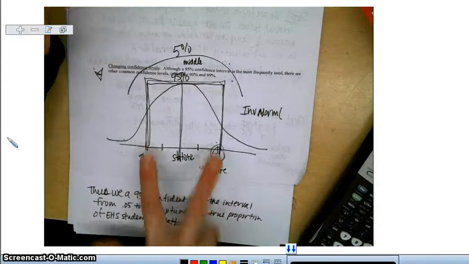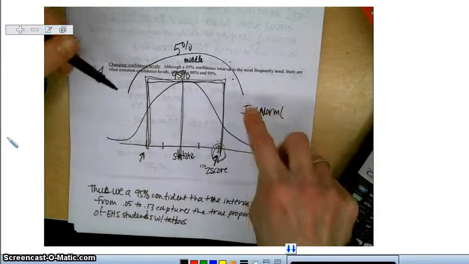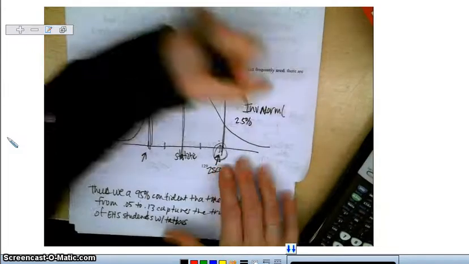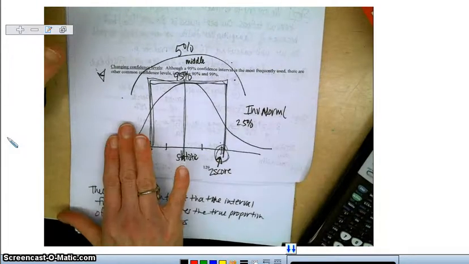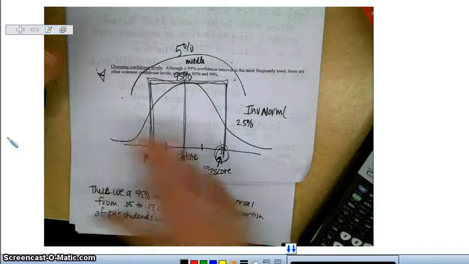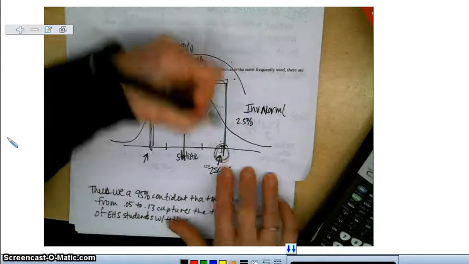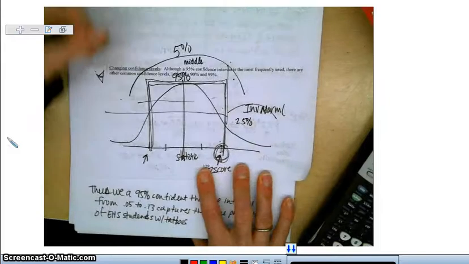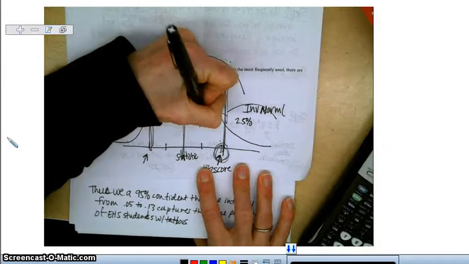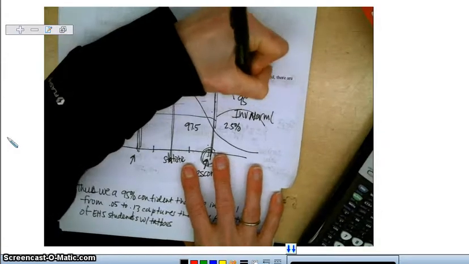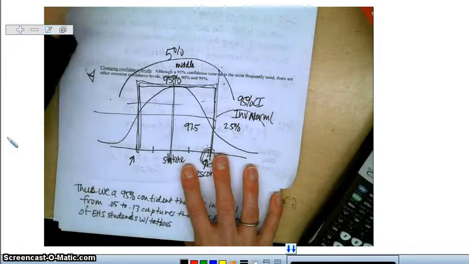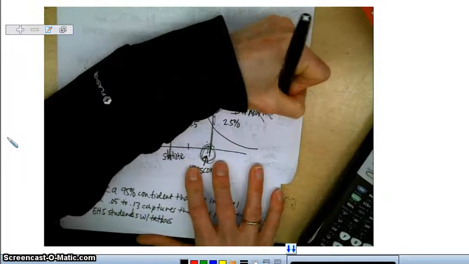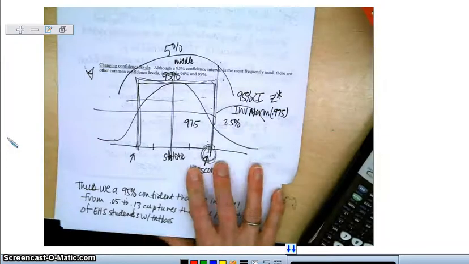So if this is the middle 95%, I have 5% between each end, which means there's 2.5% here. That's the only side I care about. There's 2.5% here too, but I don't care about that. I care about this, because then that gives me the percent that's below here. If there's 2.5% up here, what percent's down here? 97.5. So for a 95% confidence interval, to get the z-star, I take inverse norm 0.975, because that's the area to the left.